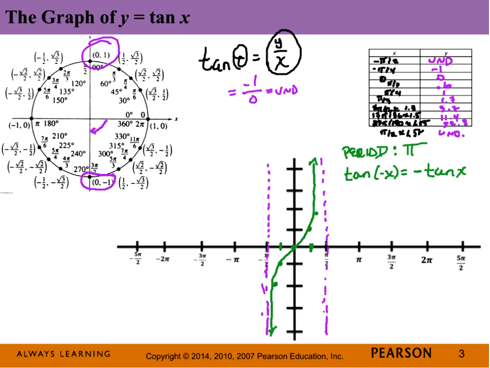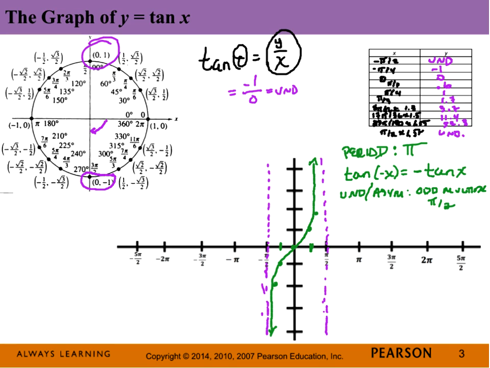We are undefined, which also means we have asymptotes at odd multiples of pi over 2.